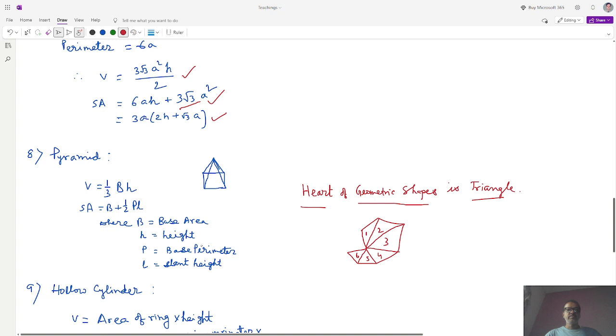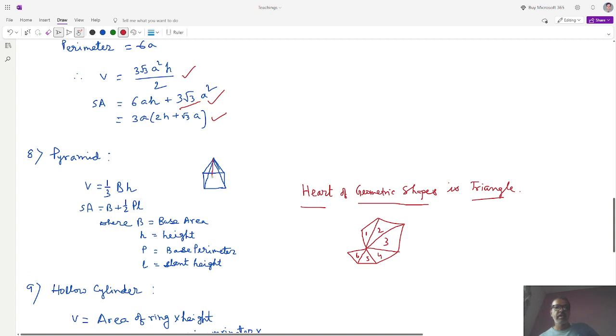Here also, we have to find the area of the pyramid base. It may be any type of polygon. Then we have to multiply with its height.